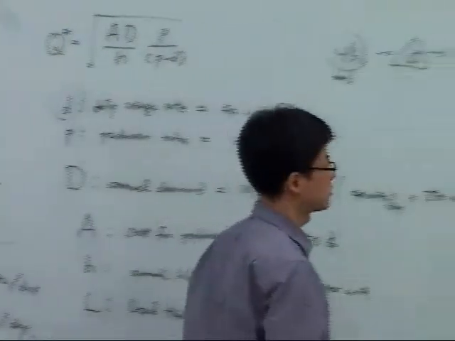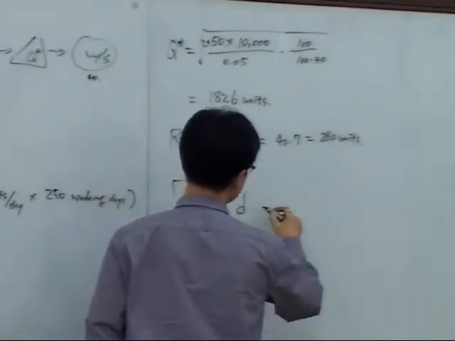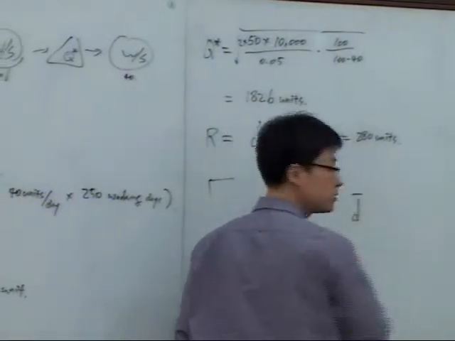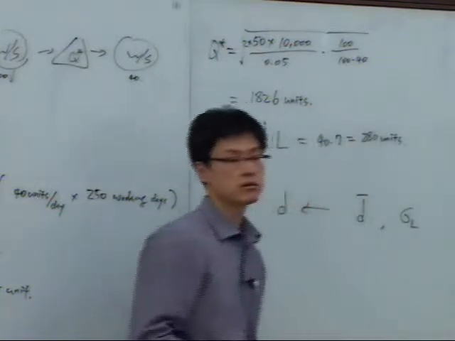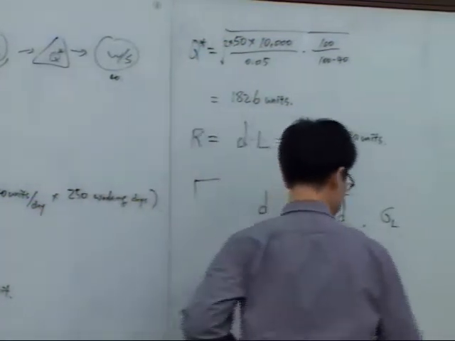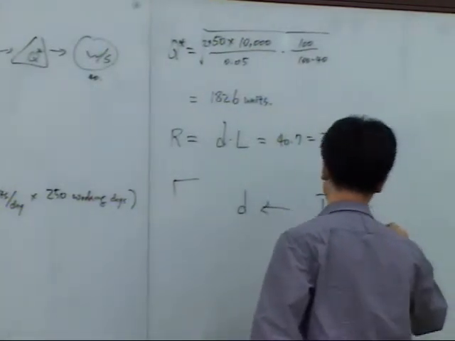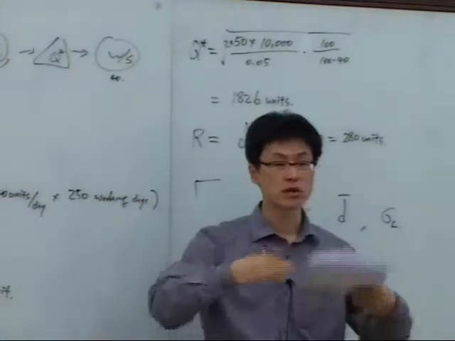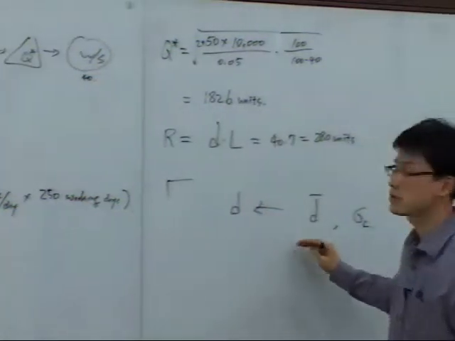But life is not like that, so we can substitute D with average demand and standard deviation of that demand. Sorry, this is going to be L. L is fine. The derivation is exactly the same. You can exchange the component, and you can easily derive this model as well.